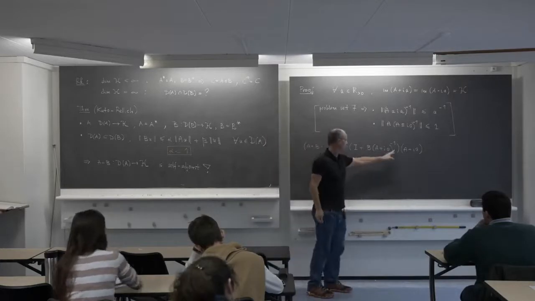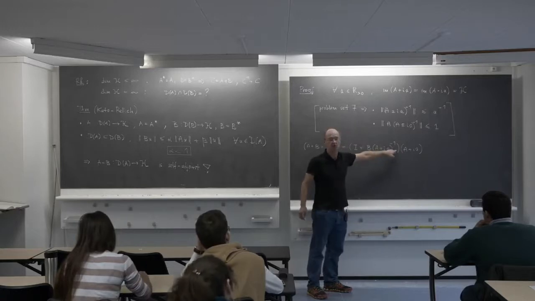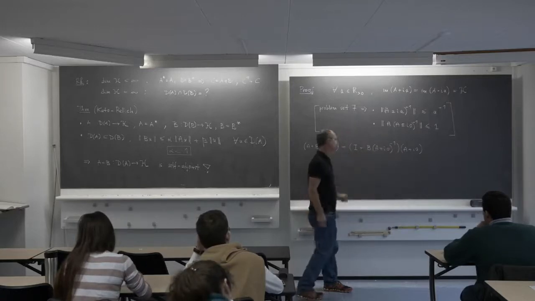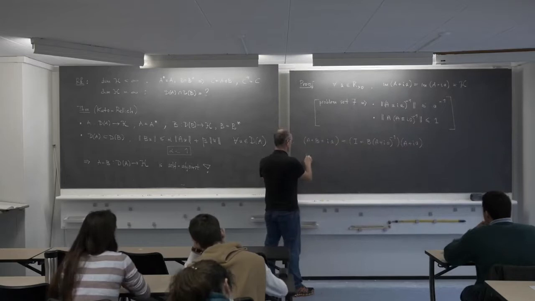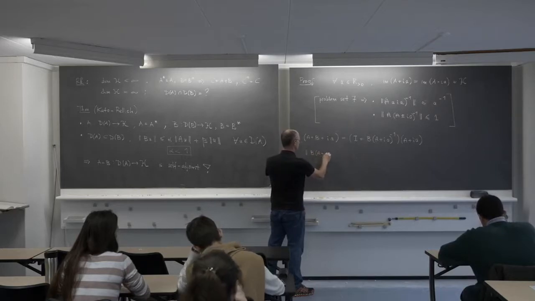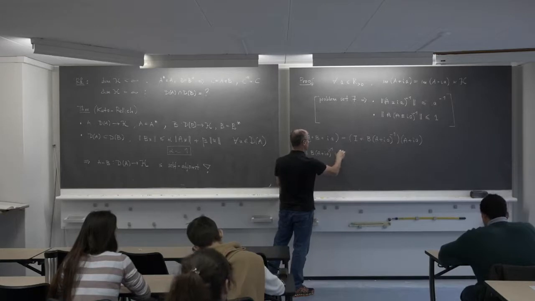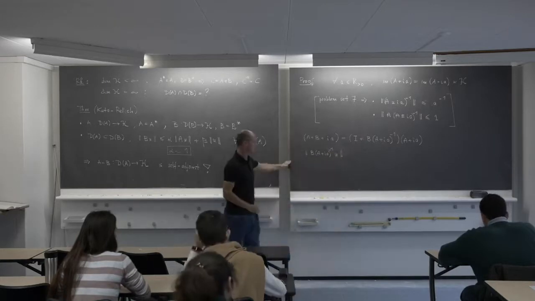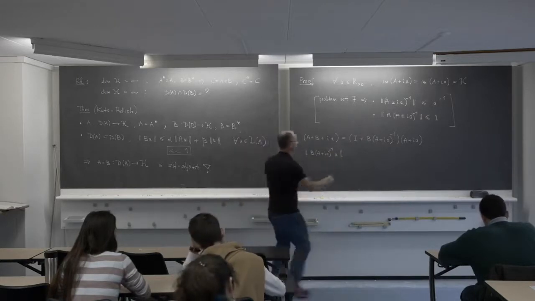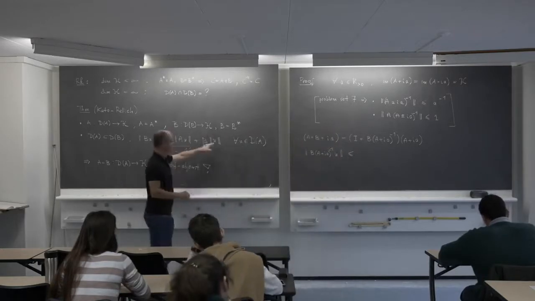Now let me show that this operator is actually bounded, and let me estimate its norm. So I'm looking at the operator B (A plus iA) inverse applied to some vector u, and I'm using this bound.